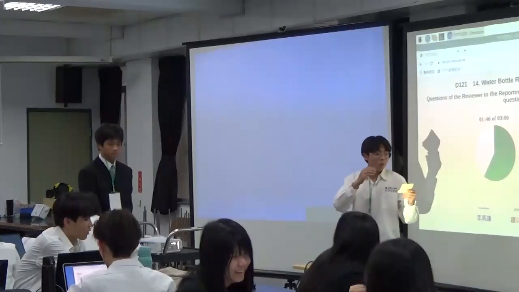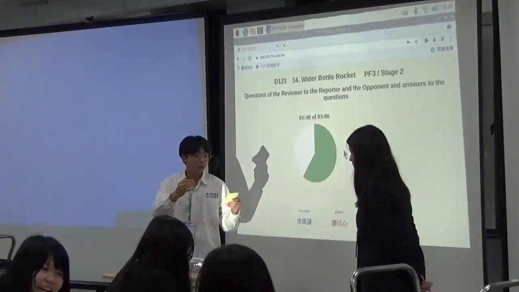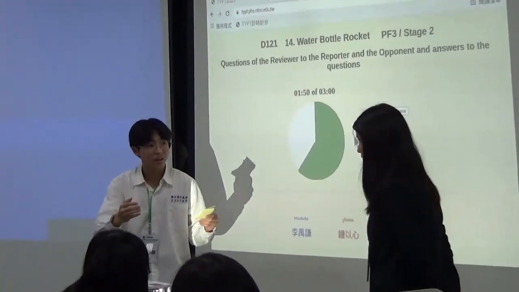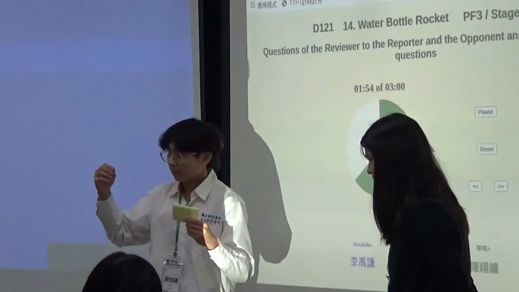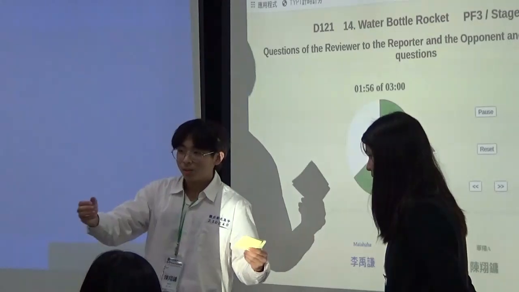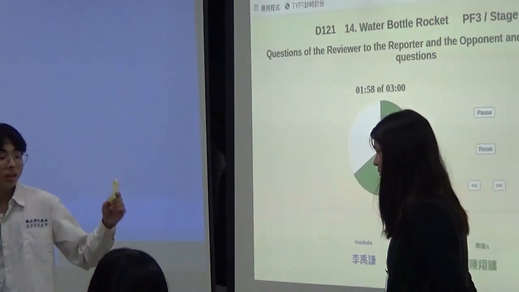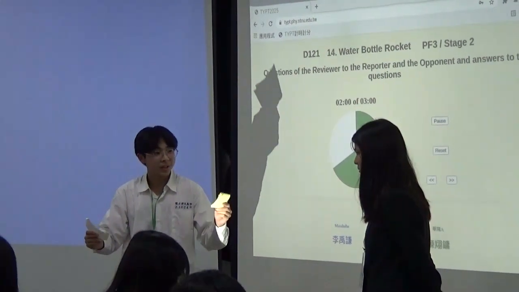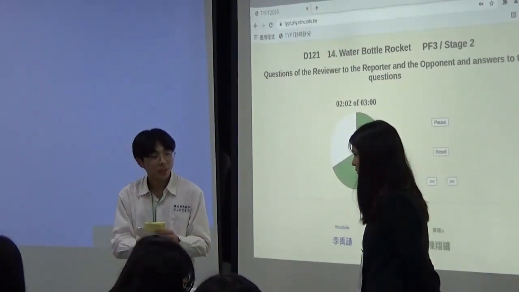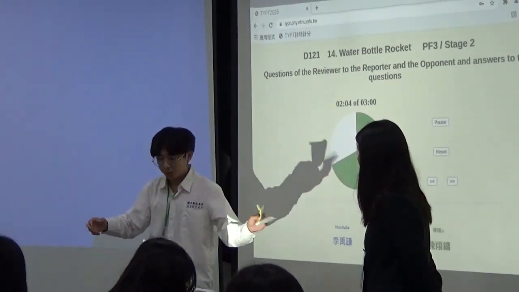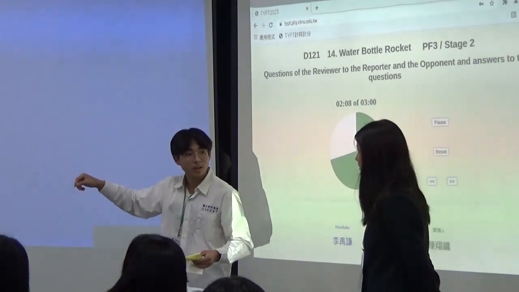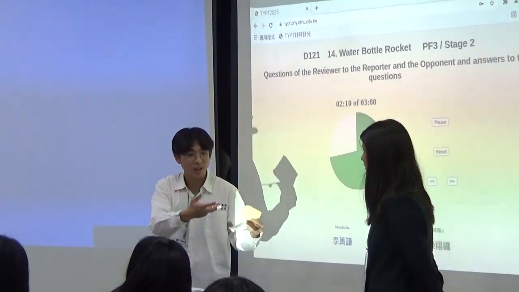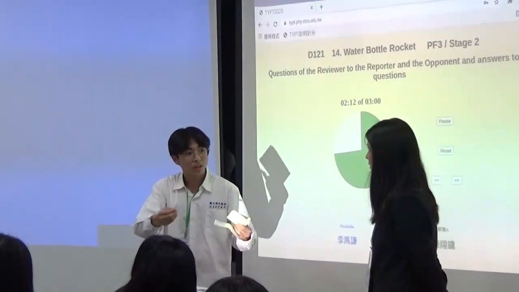Question for the opponent. Why do you think the reporter's pressure detector is not exact? You made him show his setup, so why do you think the pressure detector is not exact?